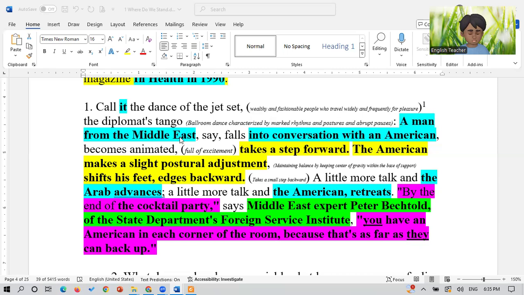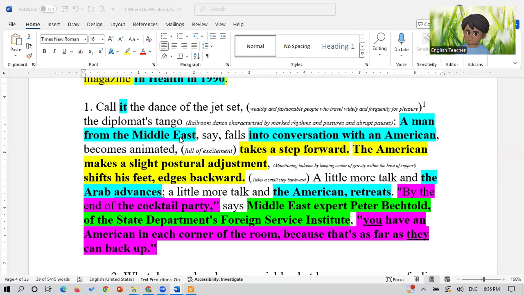The Middle Eastern fellow expects the American to stay very close to him and have a conversation. But the American fellow does not feel comfortable when the Middle Eastern fellow comes too close to him. This is the point where conflict in the story starts.